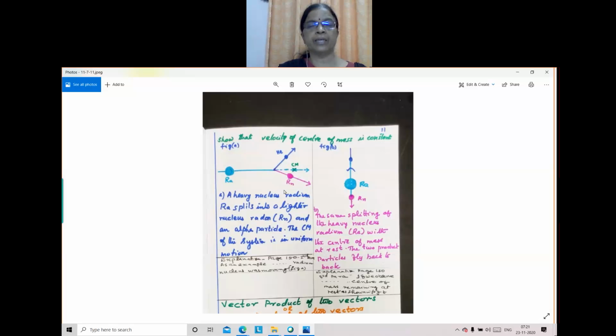After decaying, it will not remain the same element, because for the alpha particle He, 2 is the atomic number and 4 is the mass number. That much decrease will be there in its atomic number and mass number. So when it emits some radiation, it changes into another element.